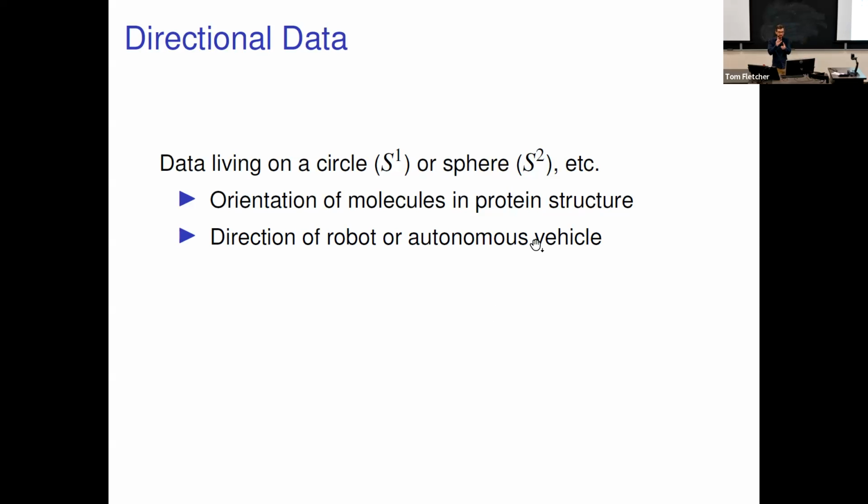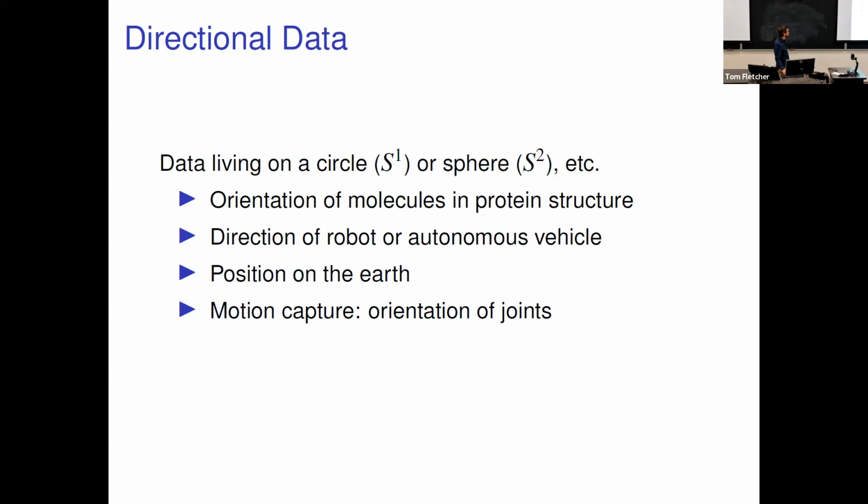Molecules have orientations between the different atoms in the molecule or protein. Robots, like self-driving cars, also have directions they're moving in and changing directions, turning and so forth, and controls for turning and so forth. And those are usually circular constraints.